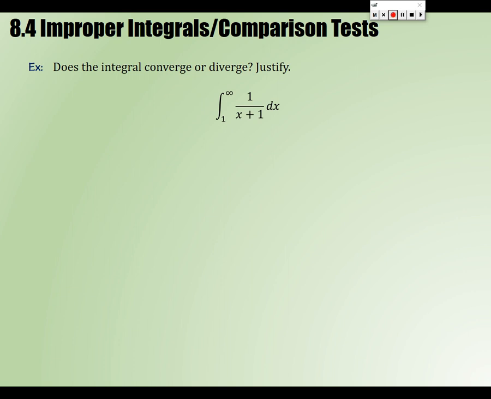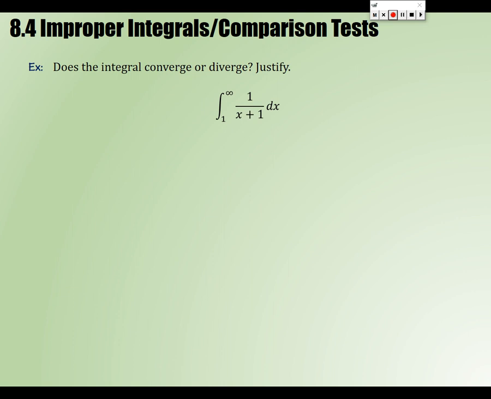However, what's the problem when we go to try to do the comparison test on this? You would be very happy if this was 1 over x minus 1. You'd be like, yes, apply the test verbatim as we've been doing. But something goes wrong here with this one, even though we all have a very strong, correct intuition that this does diverge.